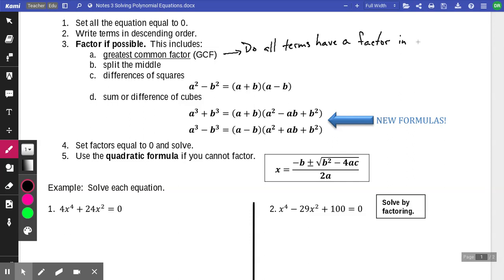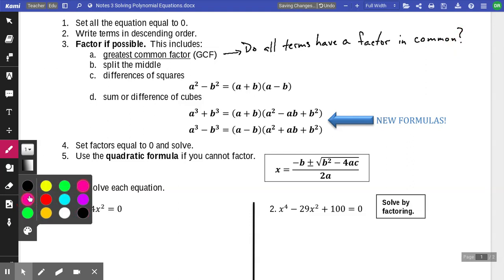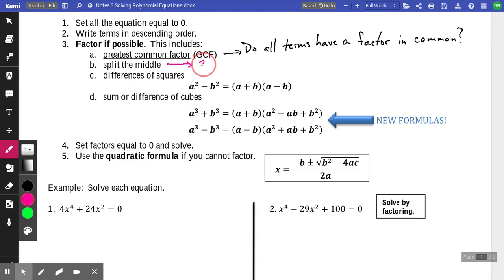So maybe it's an x, maybe it's a number. We'll just have to see. Split the middle. That was our factoring, which involved finding two numbers to break our middle term up and then end up with 4 terms instead. So split the middle, we look for that when we have 3 terms.